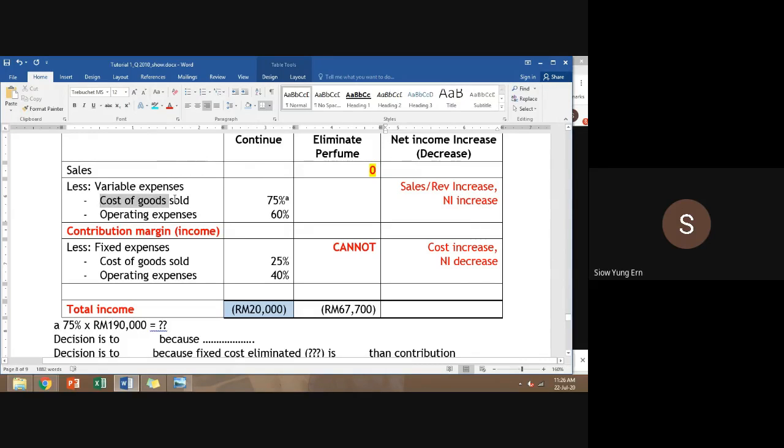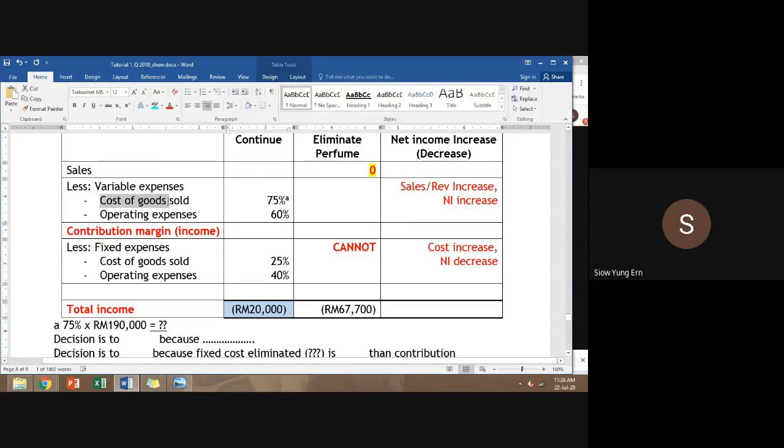Okay, next one, variable cost of goods sold. Correct. 142,500, because from 142,500 becomes 0. So cost decrease, net income increase.